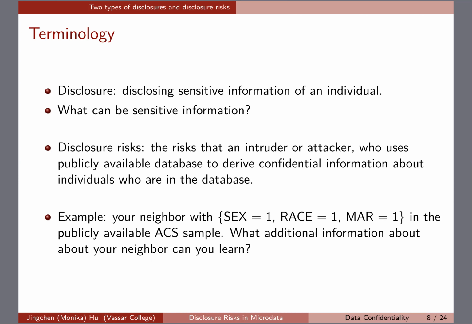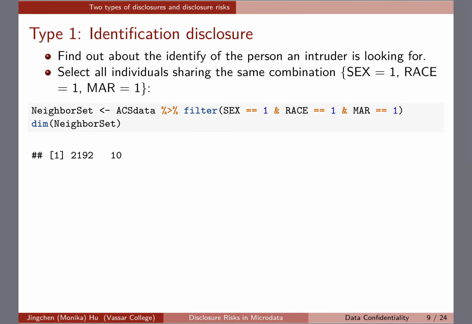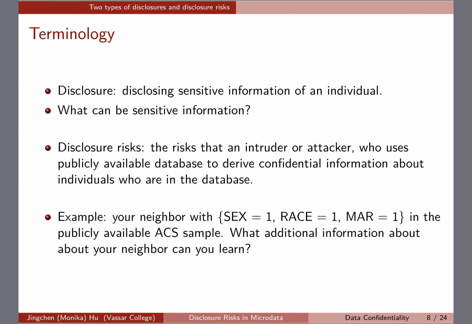This was the example that I think I gave in the to-do list: sex 1, race 1, marital status 1 in the publicly available ACS sample. What additional information about your neighbor can you learn? What did you do? Is anybody willing to share? One thing we could do, especially with Isaac, who's already logged in, is share his screen easily.